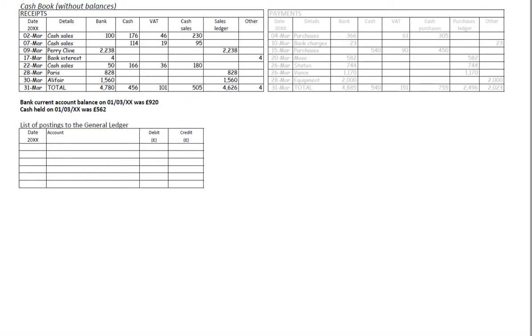Now, when we've got a cash book, we will be posting the totals from each column. We'll start off with the bank and cash columns.